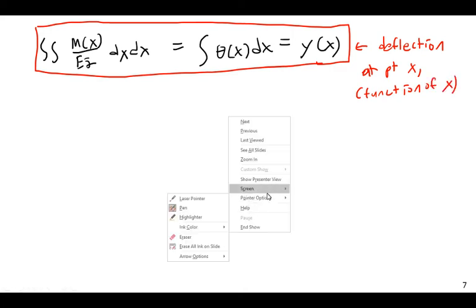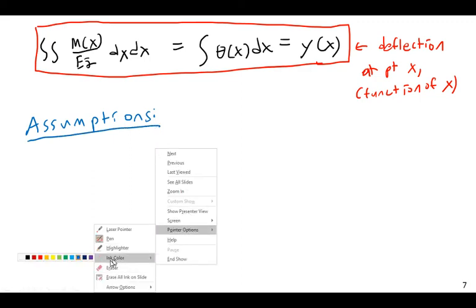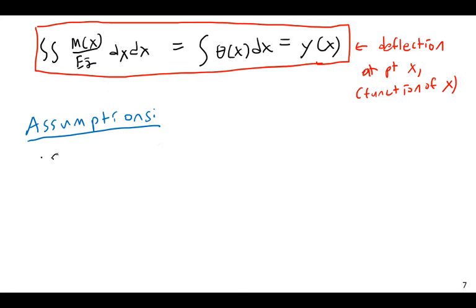And again, let us look at all of our assumptions built into this. Well, the assumptions that we're going to use are 1, straight beams, 2, transverse loads. So we're assuming the load is applied as, say, a downward load or an upward load or anything like that.